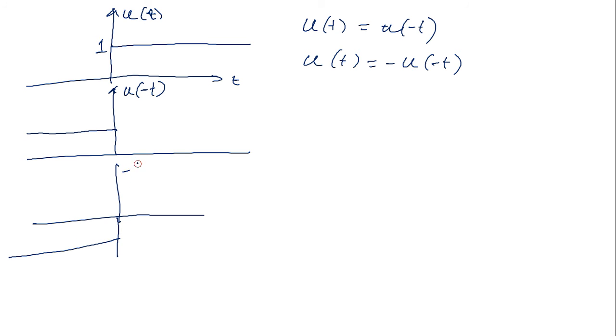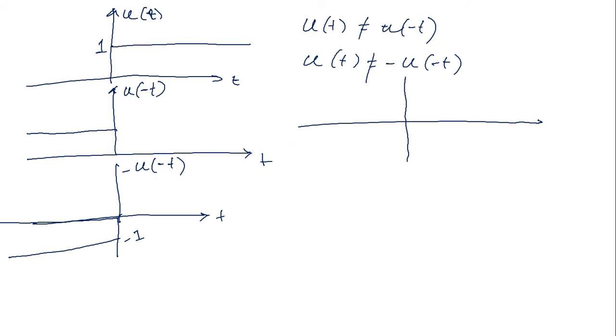This one is the minus of u of minus t. It is neither odd nor even. If I am subtracting both, that means u of t minus u of minus t, a separate signal is created.